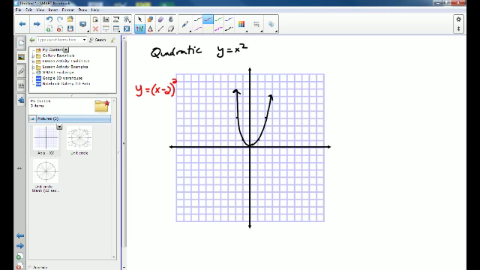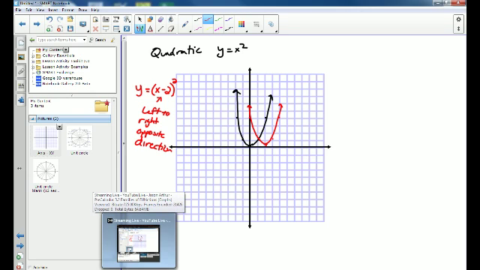So this is left to right in the opposite direction. Whenever you pair with the x, it's always the opposite of what it says. So that one actually moves to the right. And it's the same graph. All we've done is translate it.